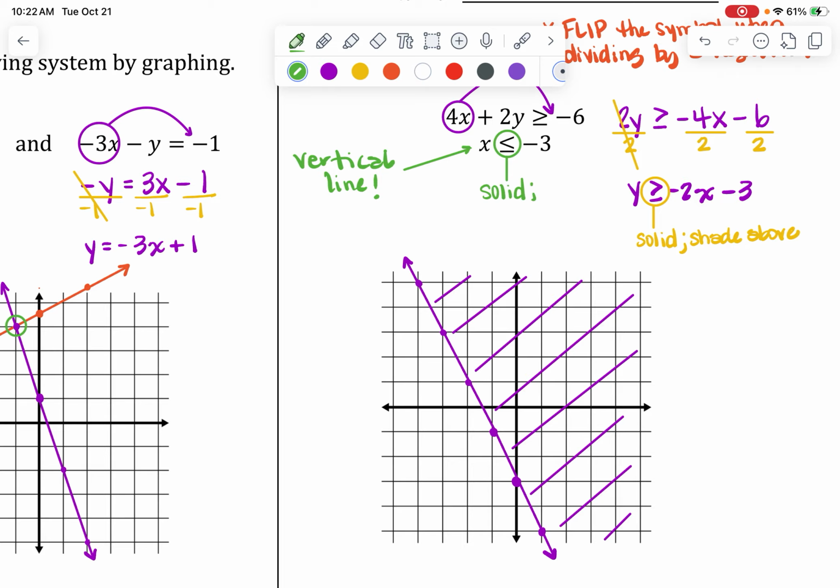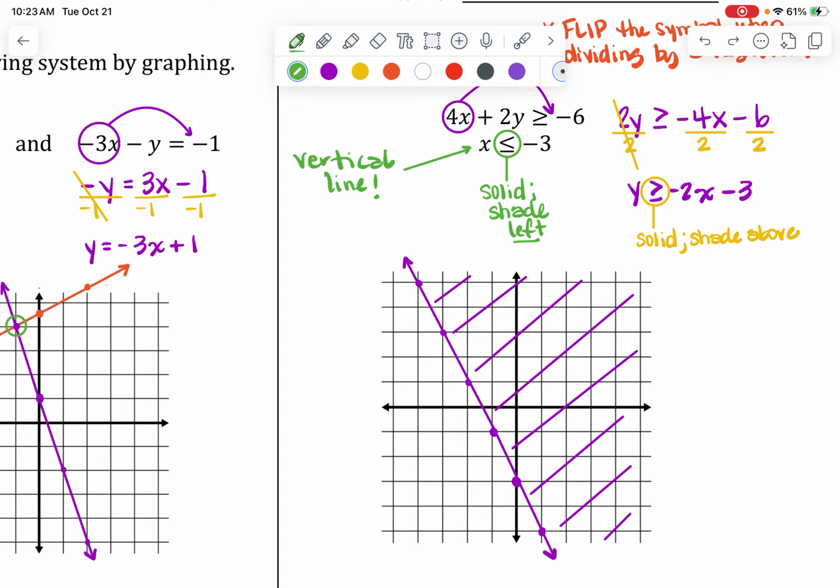Now this one's kind of confusing because I'm not talking about y values anymore, since there is no y in this equation. Now I'm talking about x's, and x's are not up and down, x's are left and right. So if x is less than, then I'm going to shade left. I only do left and right when it's x only. So when I do x equals -3, that's this line.